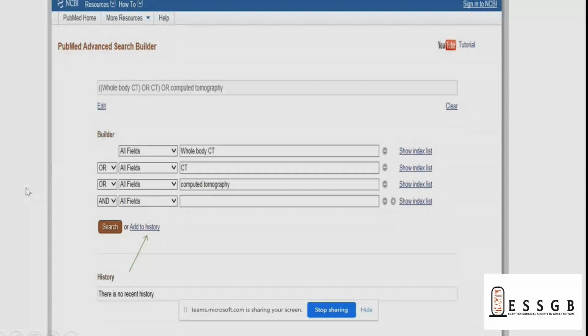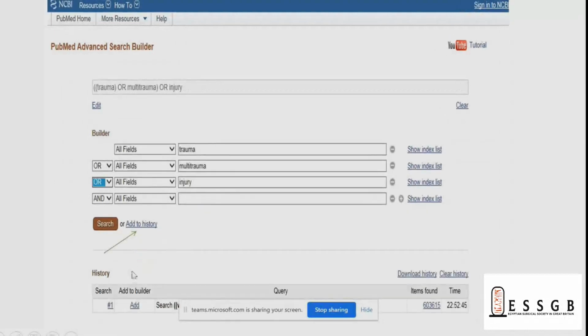You select in the drop-down menu, and then you add that to the history, which brings you a page like this. Whatever you have searched is going to be there for you, and then you make a new classification for your keywords. For example, for trauma, you can put multi-trauma, you can put injury, and whatever you want, and then you put OR between them as well, and then you add that to the history. It goes there for you.